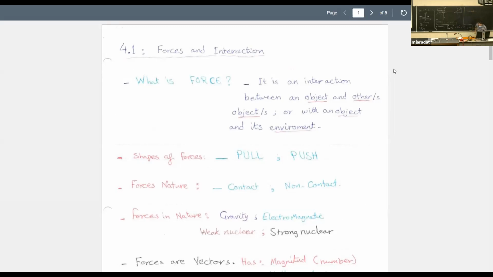The applied force now is not parallel to the x-axis or to the y-axis. This is the applied force. It has an angle about the positive x-axis, which is 30 degrees in our example. The mass of this object is equal to how much? Two kilograms.